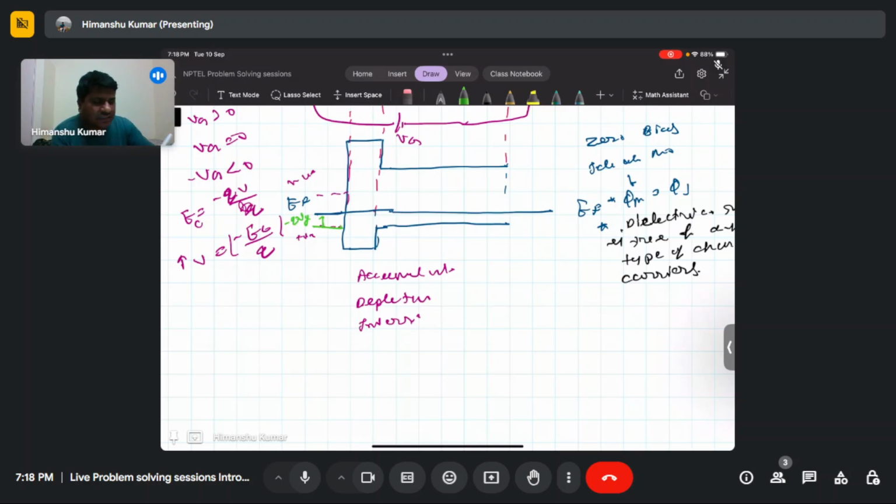There will be a field, and if there is a field, then there is a bending of the band, so it will have this slope. Similarly here, part of that gate voltage will appear. So this is for positive gate voltage. Let's first consider a negative gate voltage.